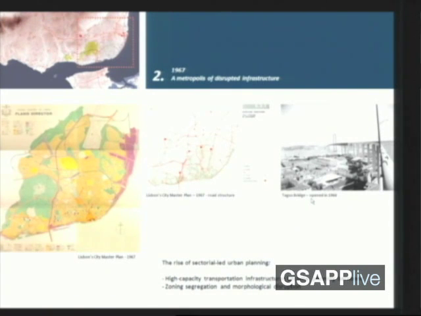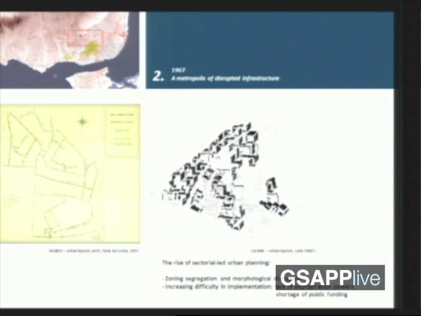Zoning segregation and morphological disruption accompany this transition, which can be seen in the areas I was mentioning earlier, outside of the municipal boundary or in its limits, such as Benfica, which has a plan which is partially executed, but which is much more based on a less elaborate urban design based on infrastructure only and no longer the buildings. This other plan, which was not implemented, also shows this kind of morphological disruption.